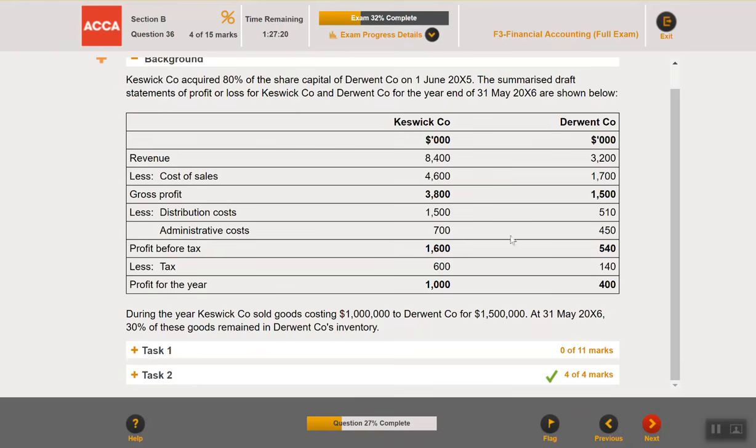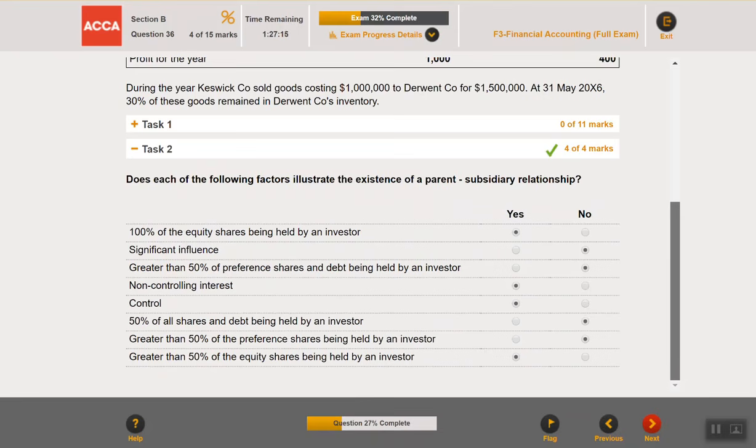Okay, we have answered task 2, which was a general task. We had questions like 100% of equity shares held by an investor was yes, because 100% means there is a subsidiary. Significant influence is included in associates, so no. Greater than 50% of preference shares, preference shares do not give us control, so no subsidiary.